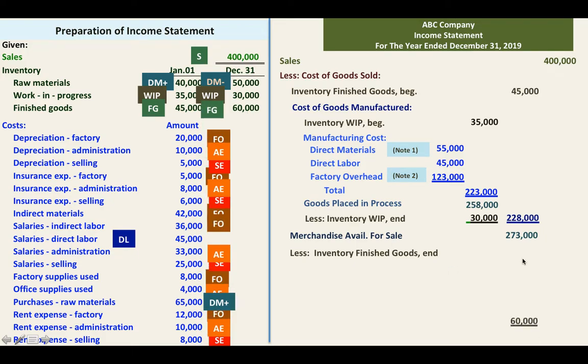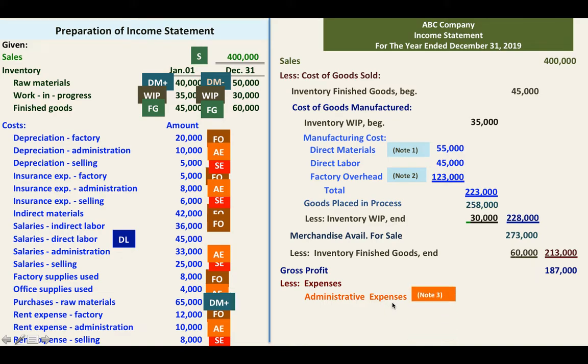So we will have to deduct that, and we will get the cost of goods sold. So here, sales less cost of goods sold will give you your gross profit, less expenses, and we have already made notes on administrative expenses. And on note 3, the total of our administrative expenses is 65,000.